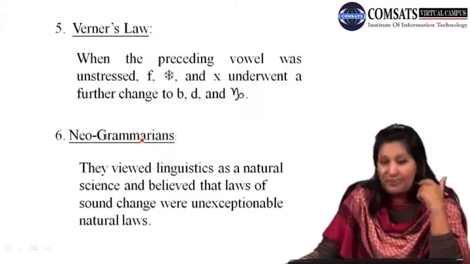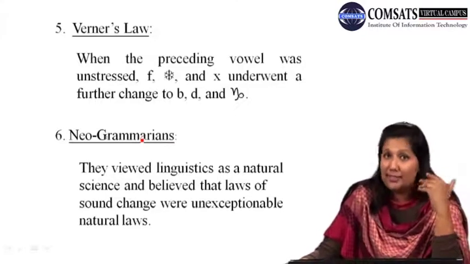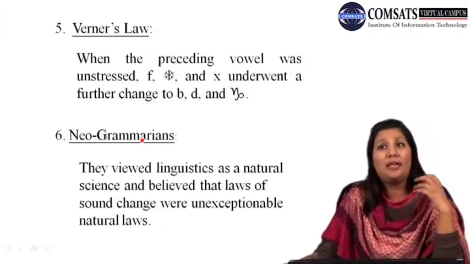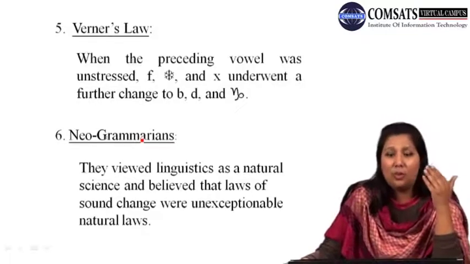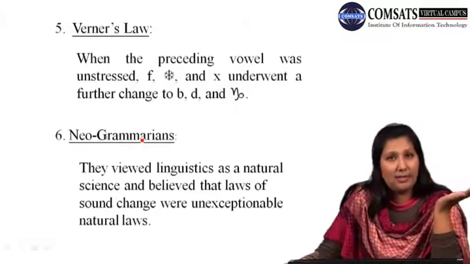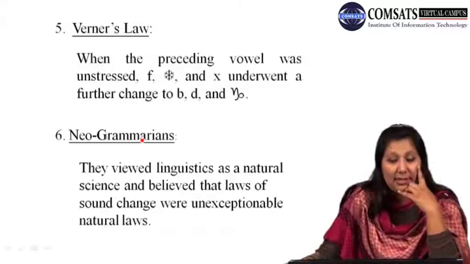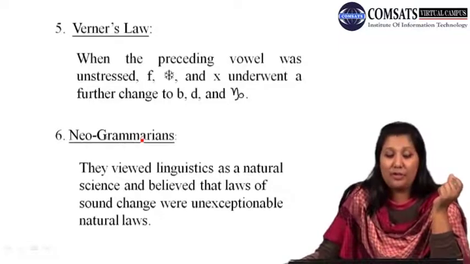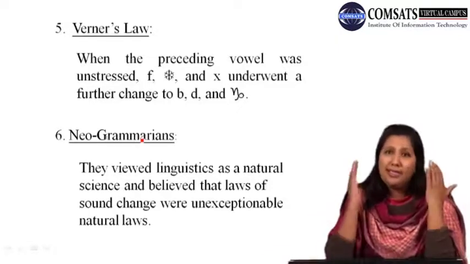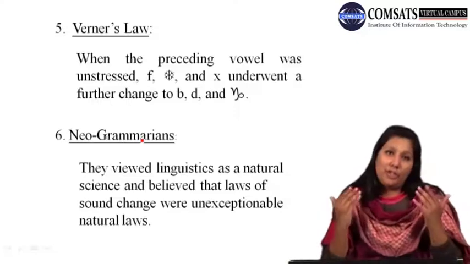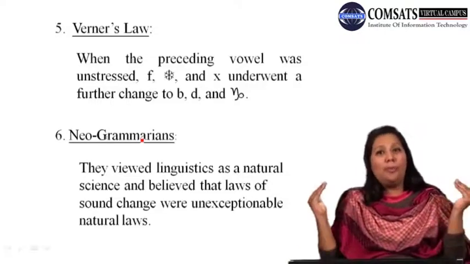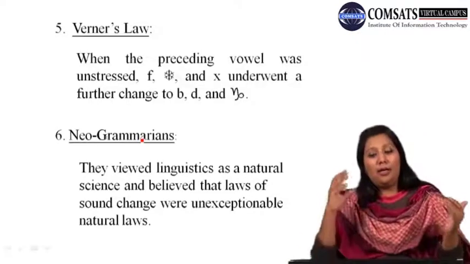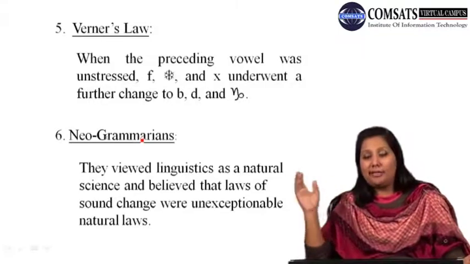It is naturally acquired, naturally spoken, naturally learned. They said that laws of sound change were unexceptionable natural laws, so the change in the sounds would come because these are unexceptionable natural laws.